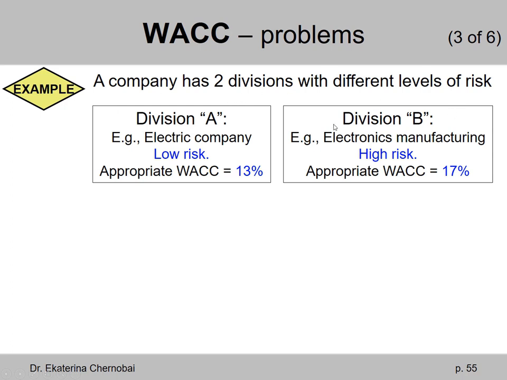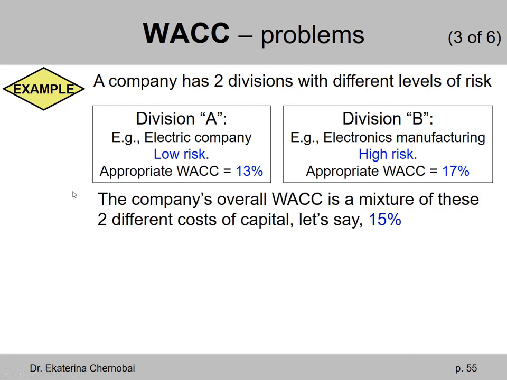The company also has another division, Division B, doing something similar, electronics manufacturing. However, it's a different product and it's a lot higher risk. And the appropriate weighted average cost of capital for Division B is 17%.